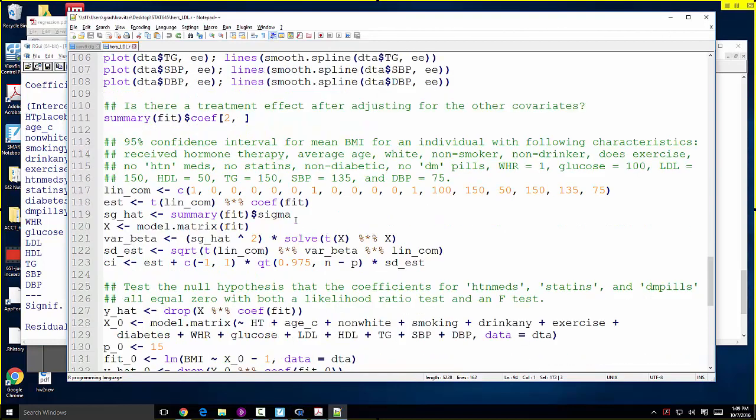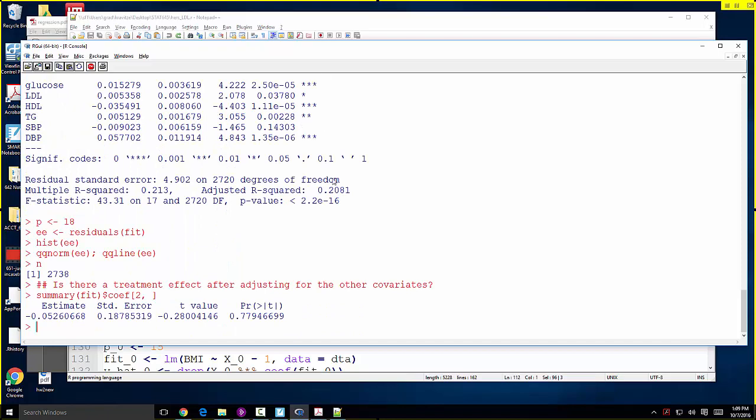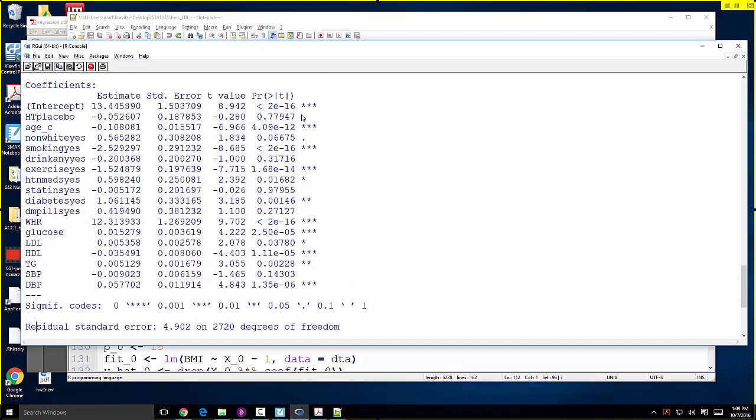So let me show you a couple of things. First, what we might most be interested in with this model, given the context of the experiment, it's a clinical trial looking into is there an effect of hormone replacement therapy. The most interesting entry here would then be the treatment entry.